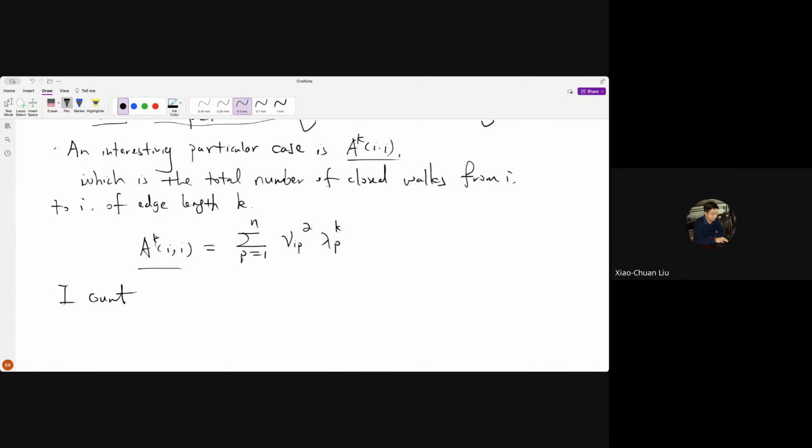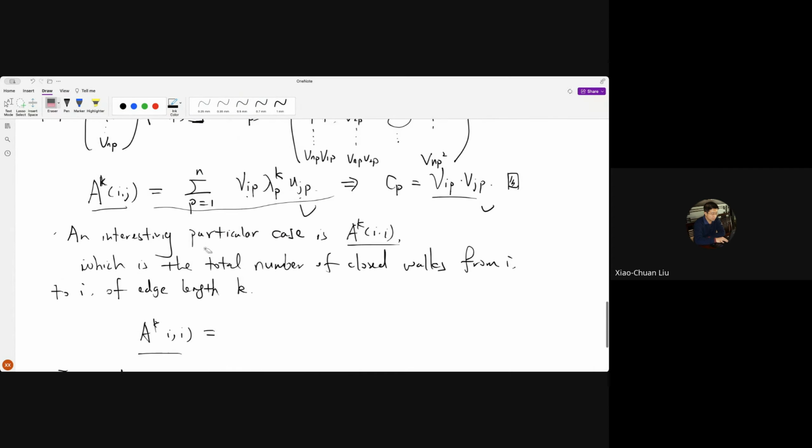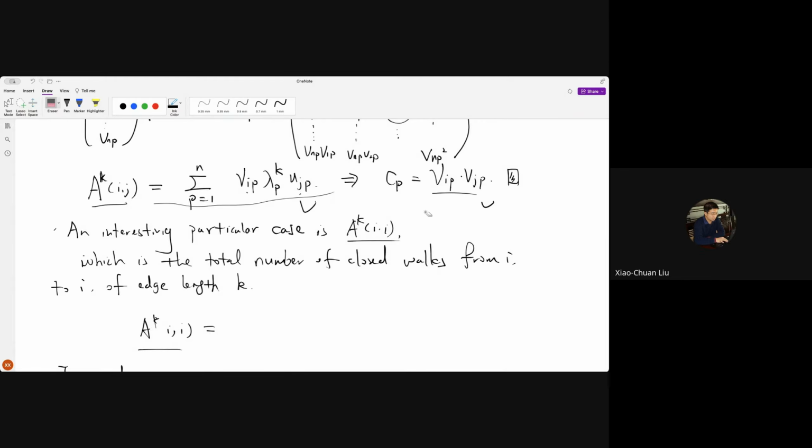So this A^k_ii must be given by this. It will be, I think it's correct.